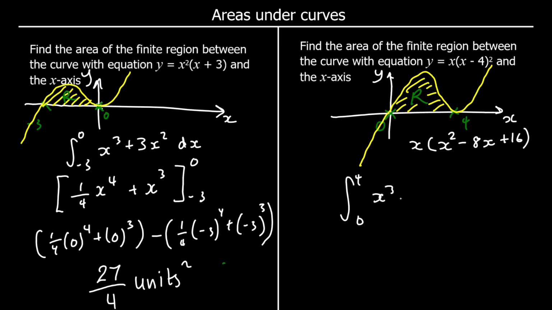So it's x cubed minus 8x squared plus 16x with respect to x. Integrate, add 1 to the power, divide by the new power. So we're going to have a quarter x to the power of 4 minus 8/3 x cubed plus 8x squared.